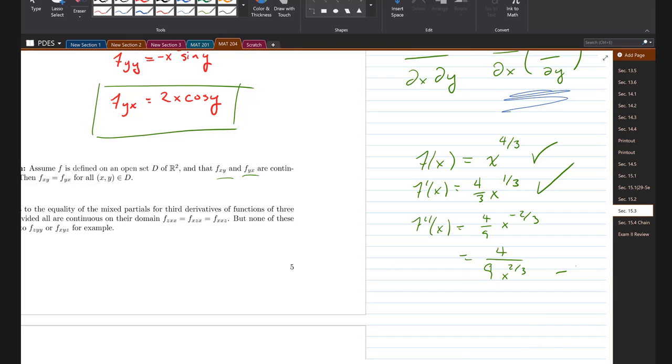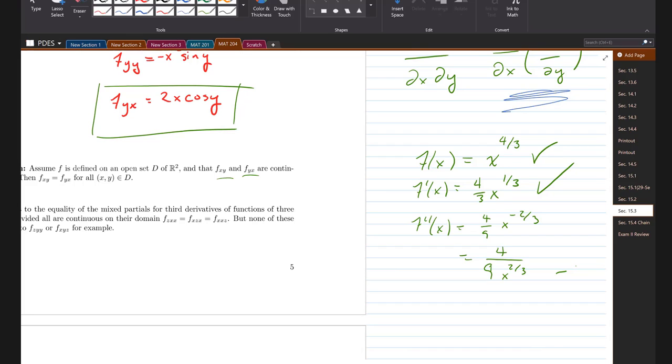So a function like that, if that somehow showed up in your mixed partials, that would be a situation where the mixed partials may not agree with each other, because this function is not continuous around 0. So that's a place where Clairaut's theorem would break down.